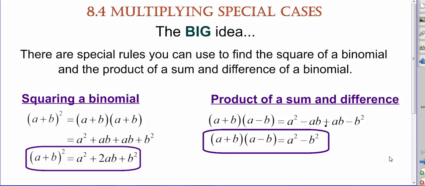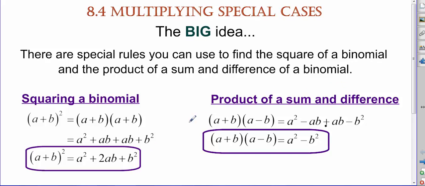So squaring a binomial, right over here we have (a + b) squared is going to equal (a + b) times (a + b). And so when we multiply that out, you can kind of see a formula developing there.